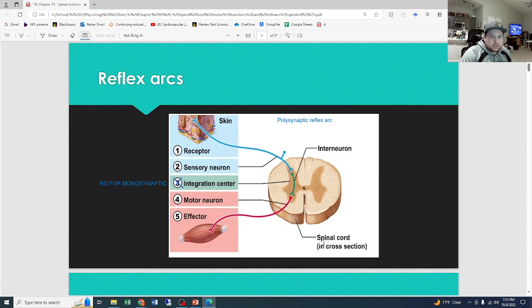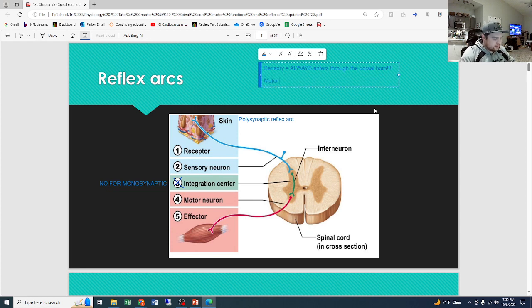Big things I want you to remember about these reflex arcs is that the sensory part always enters through the dorsal horn. So that is the posterior portion. The dorsal horn is the back part of the spinal cord, and the back part of the spinal cord is always going to be the sensory side of things.